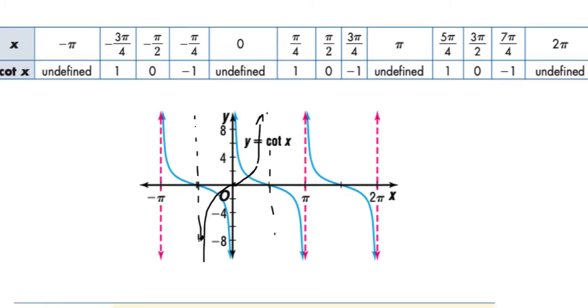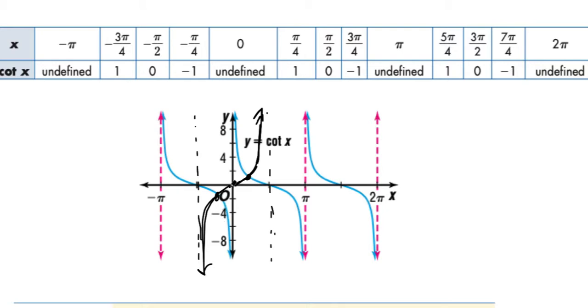I'm going to just tuck this in here really quickly. This is one of the branches of the tangent function, and you can see that it's going to overlap the cotangent where the cotangent is equal to 1 and negative 1, which makes a certain amount of sense because the reciprocal of 1 is 1, the reciprocal of negative 1 is negative 1.